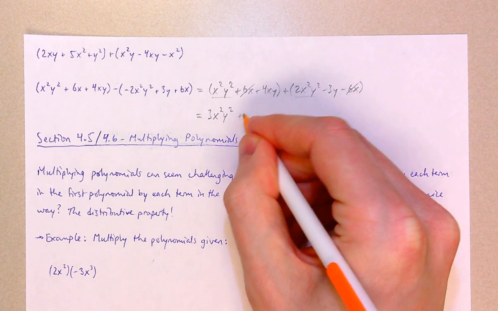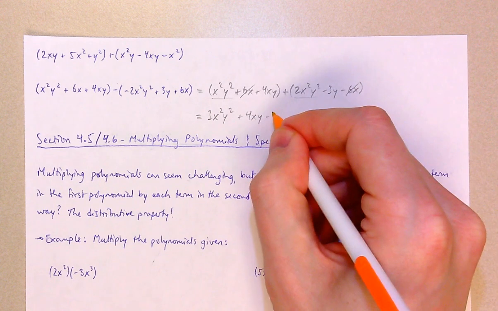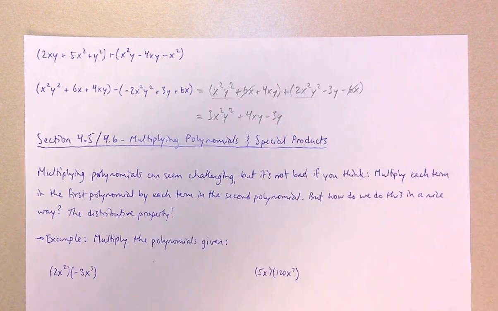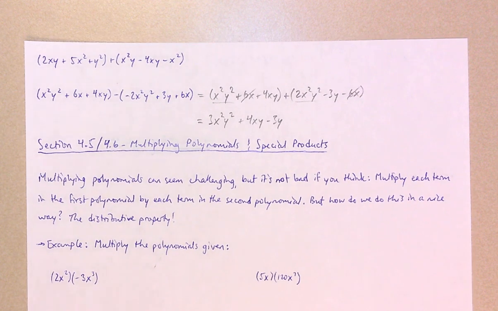No, so I just copy that down. And then do I have any term that's like minus 3y? No, I don't, so I just copy that down as well. So this is how you add or subtract polynomials. Again, nothing really crazy. It's just more practice with combining like terms.